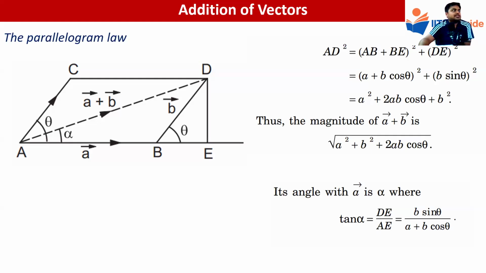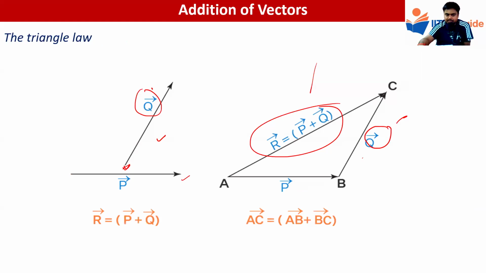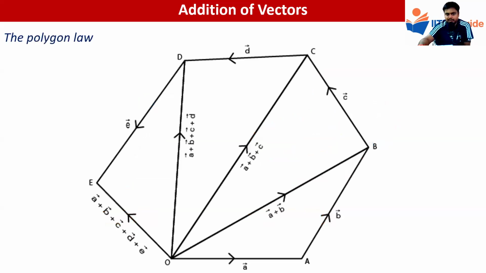So parallelogram law tells that when you have two vectors, then the two adjacent sides, you draw both of them and complete the parallelogram. The diagonal is going to be the addition vector. In triangle law, it's stated that the adjacent sides are a vector and b vector, and the third side becomes a vector plus b vector.